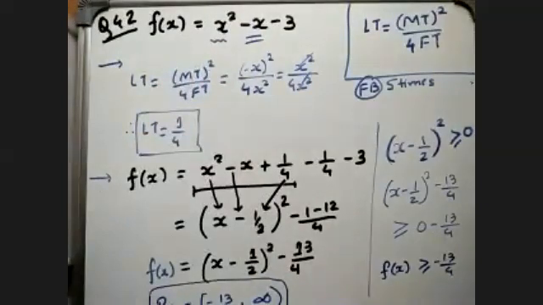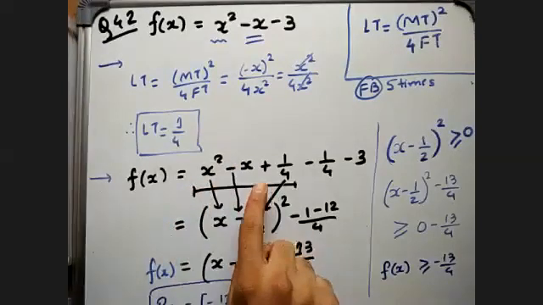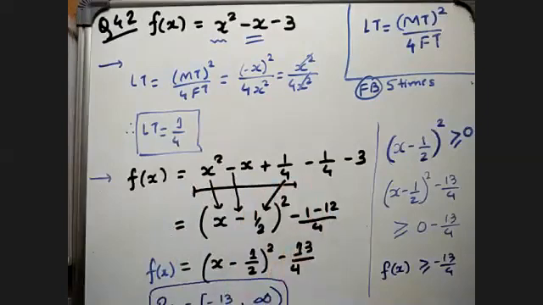You can complete it in whole square form by finding the last term and adjusting it. Our last term will be middle term whole square by 4 into first term. After simplifying, we get last term equal to 1 by 4. So our function will be x square minus x plus 1 by 4 minus 1 by 4 and minus 3.